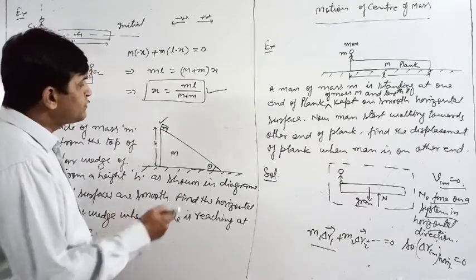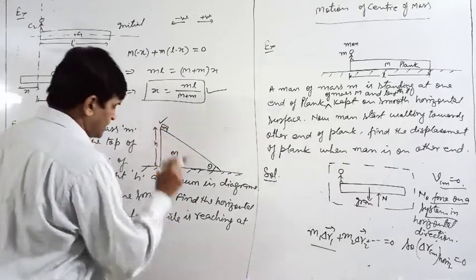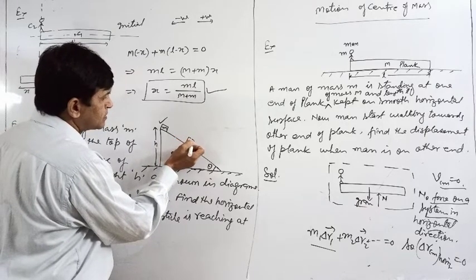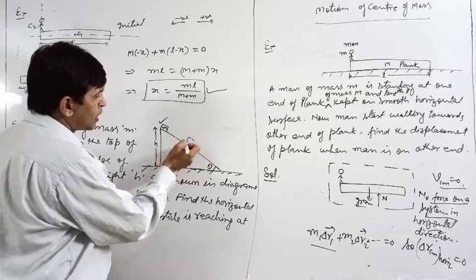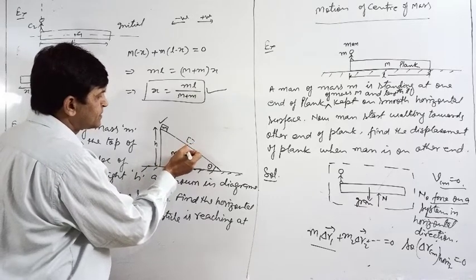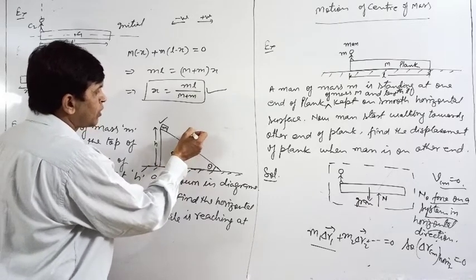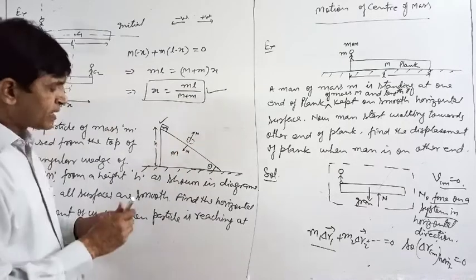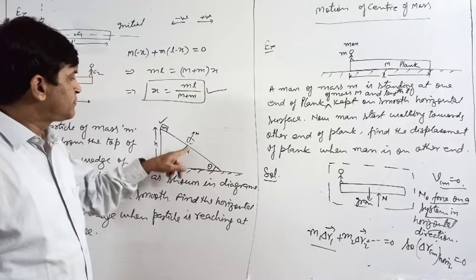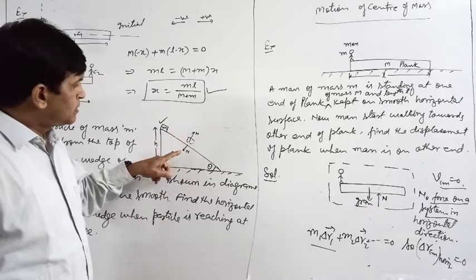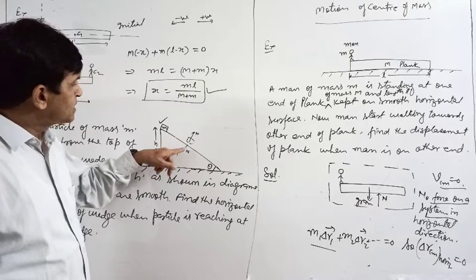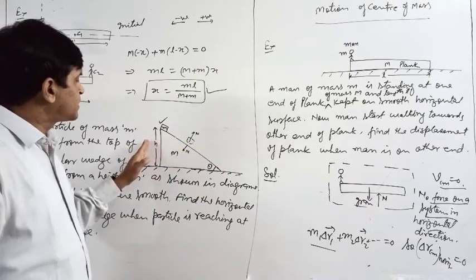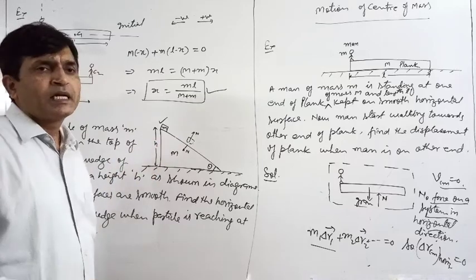But in the individual FBD of the wedge and mass, the normal force on the wedge is on this side and on the block on this side. The normal force on the wedge has a horizontal component, because of which the wedge starts moving to the left side.